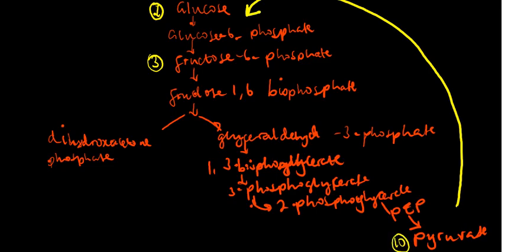So reactions 1, 3, and 10 are the ones that are irreversible. The other steps are reversible, so we can easily go back to the previous one. We'll skip those steps, and when we come to the irreversible steps, this is where we'll talk about special reactions that need to occur.